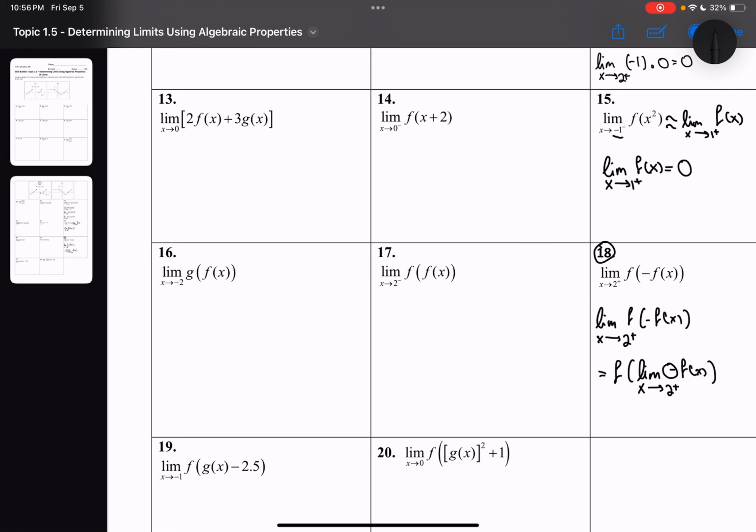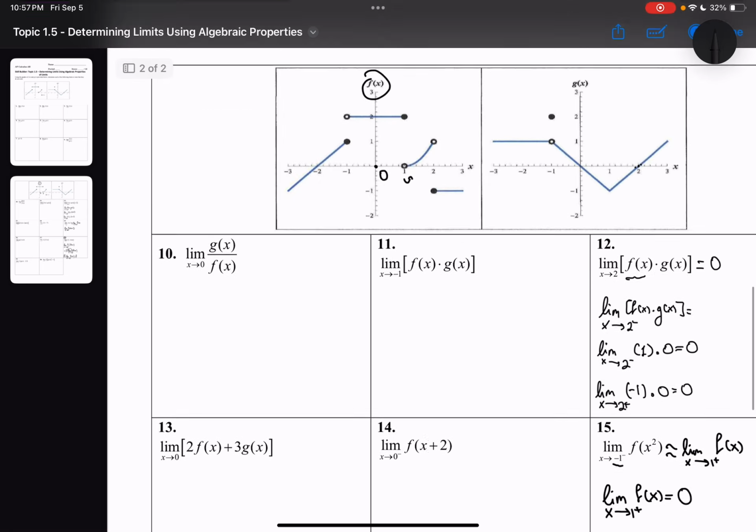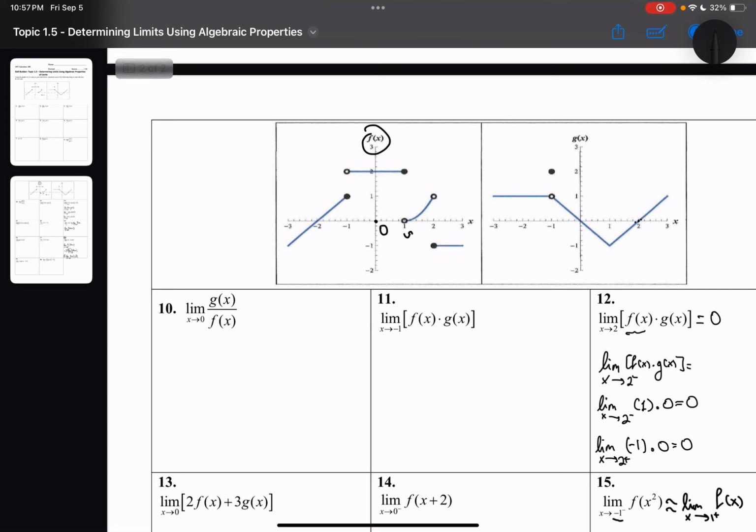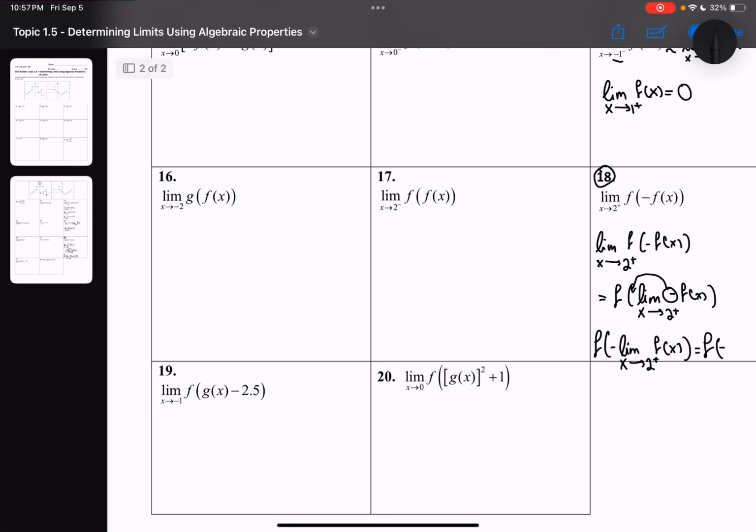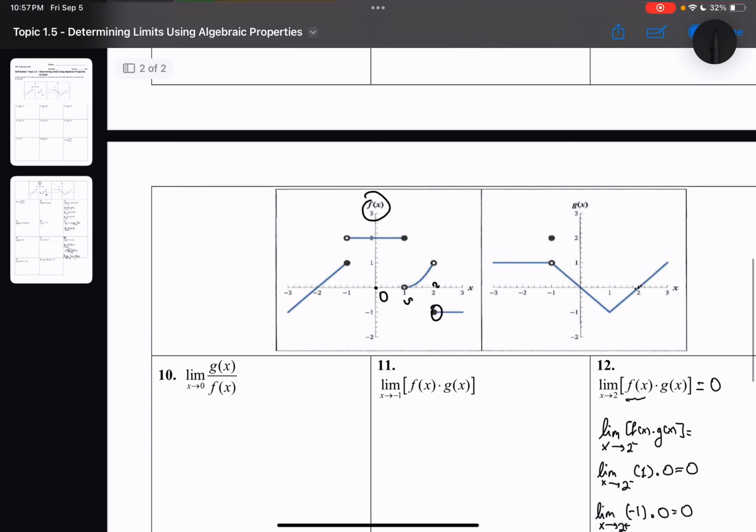Now the subtraction sign, you can send it behind the limit, so it will be f of minus limit x to 2 plus for f of x. It means we're studying it over here, which means it is negative 1. So it's going to be f of minus, the minus over here, of minus 1, which is going to be positive 1. So what is f of 1 over here? F of 1, we're going to choose the black dot, which is going to be 2.